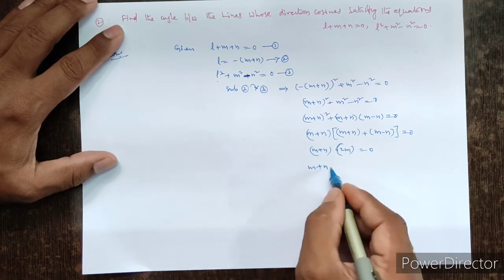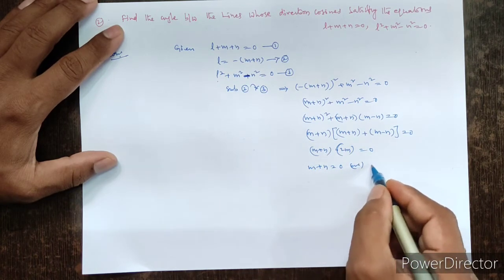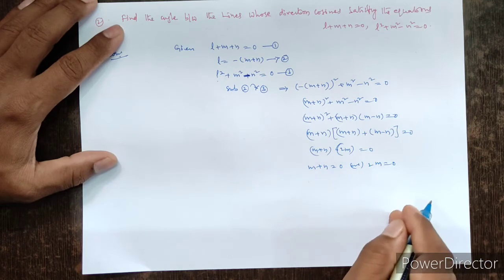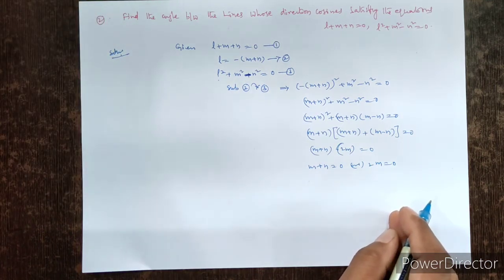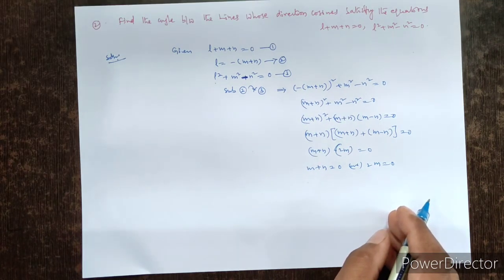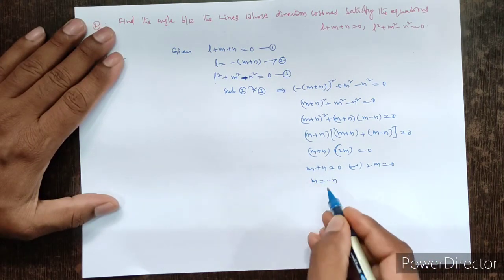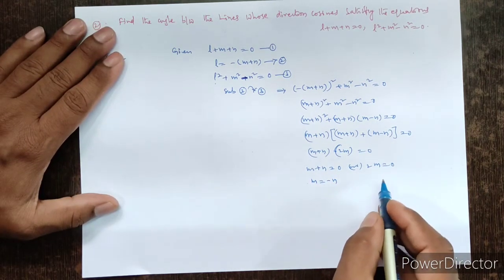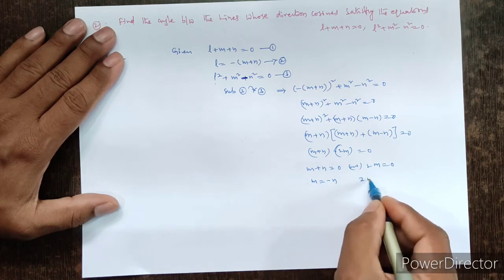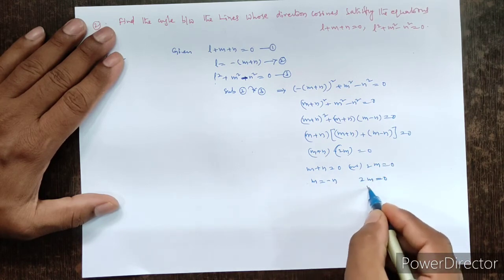So m plus n equal to 0 or 2m equal to 0. So m plus n equal to 0 means m equal to minus n, and from here 2m equal to 0 means m equal to 0.